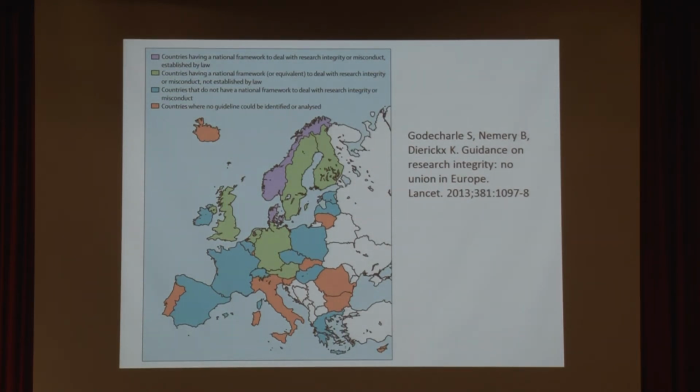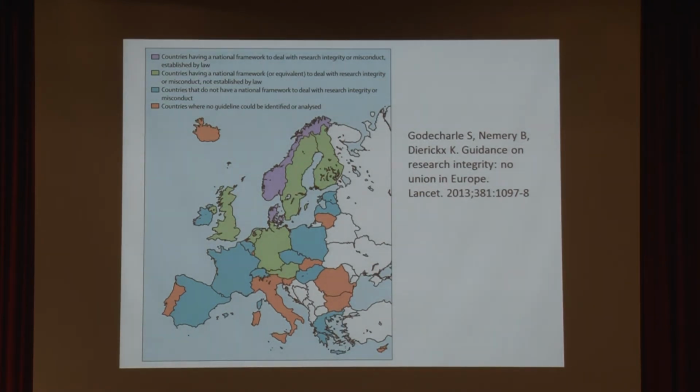And this is the situation in Europe, where you have different ways of how people deal with research integrity when somebody reports that something has been stolen or falsified or fabricated. In some countries, like you see here in Norway and Denmark, and now Poland too, this is at the national level. When you are found guilty at the national level, this is legal, and you can go to jail, for example.